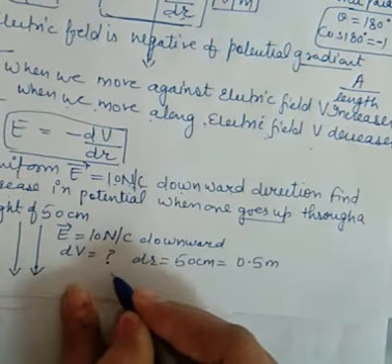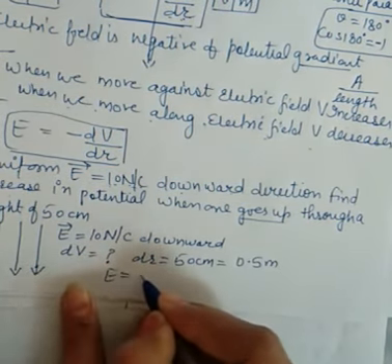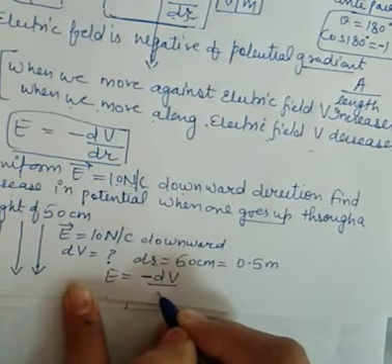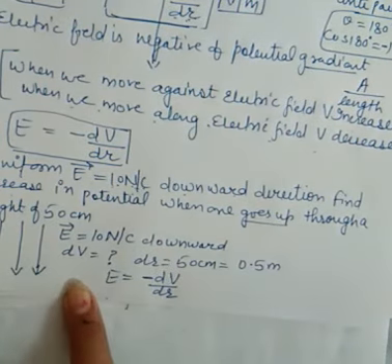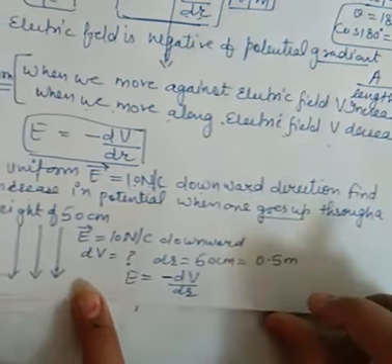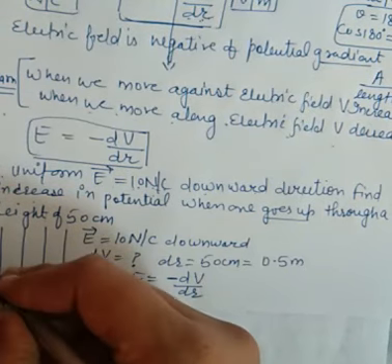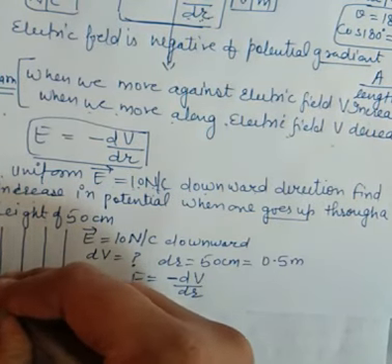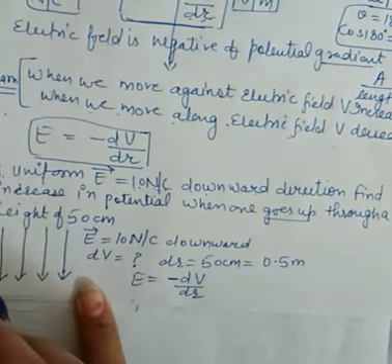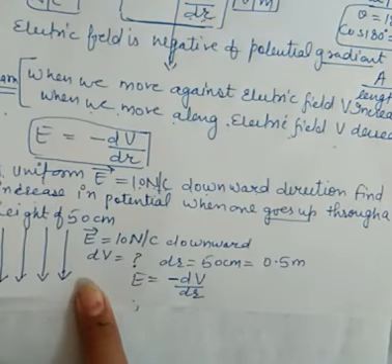Now as I have told you, E is equal to minus dV by dr. Minus sign is just for direction. E, that is electric field, is in downward direction and displacement in upward direction, so these two are in opposite direction.